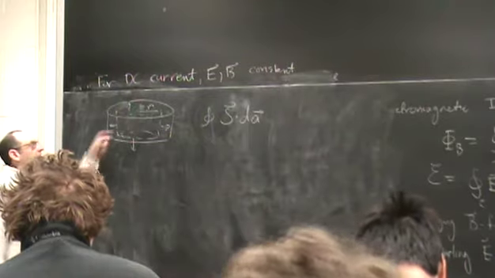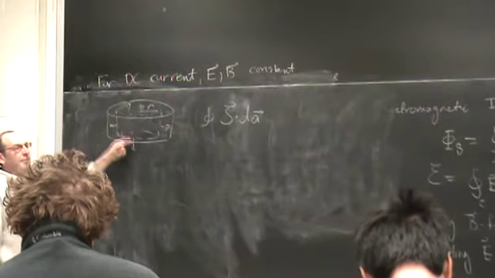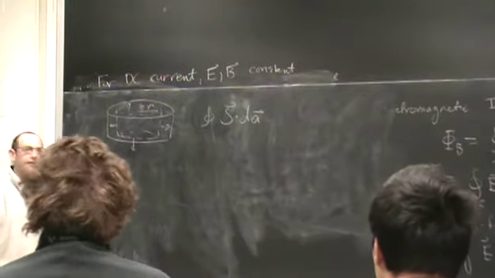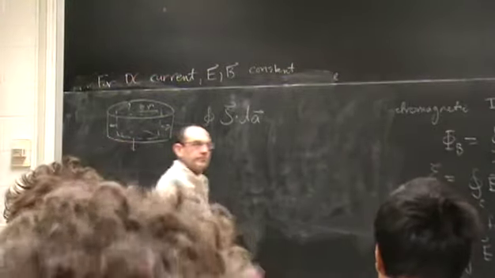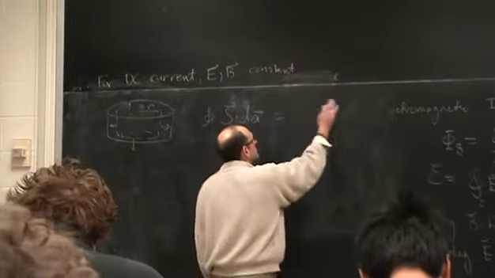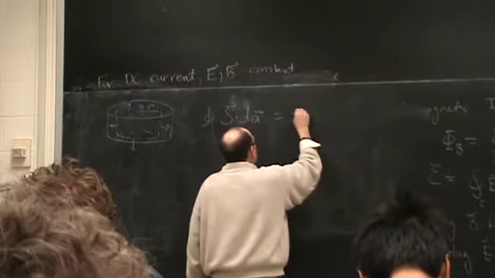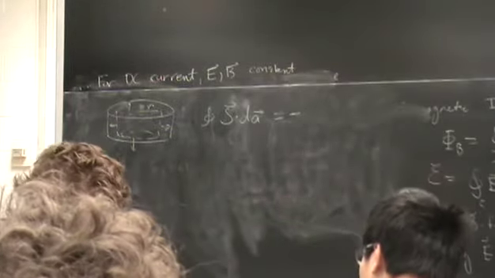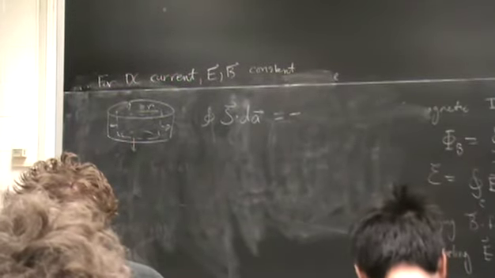S has no flux through the top and bottom of the cylinder. It only has flux through the sides of that cylinder. In fact, it's negative. And what is that flux value? Well, it's what we have here.